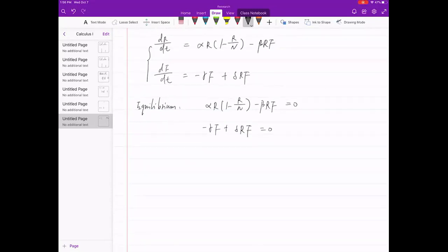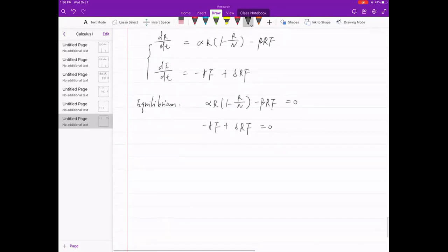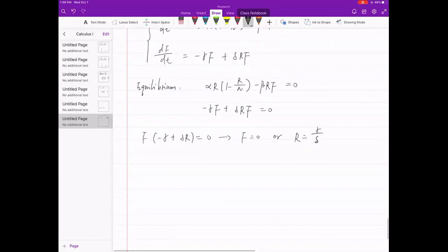Okay. Then some quick analysis. F times negative gamma plus delta r equals 0. This implies f equals 0 or r equals gamma over delta. The first one is r alpha, 1 minus r over n, minus beta r equals 0.